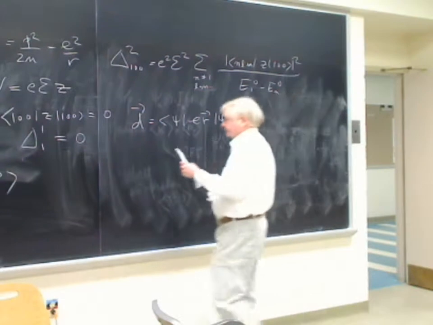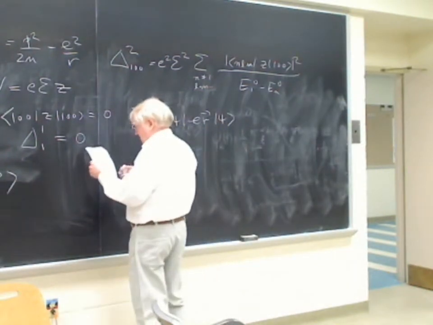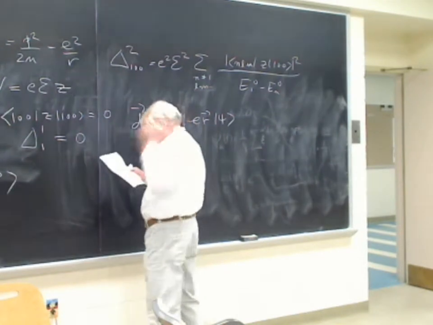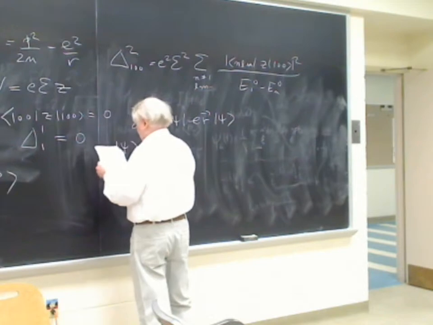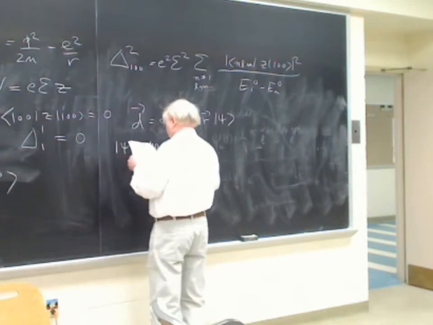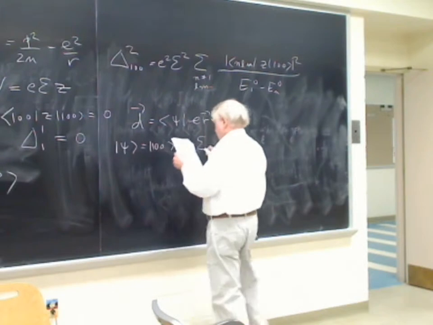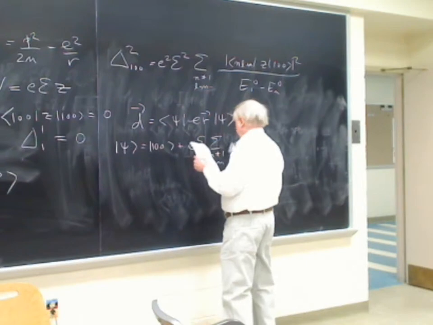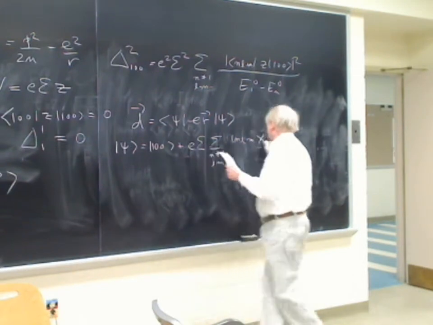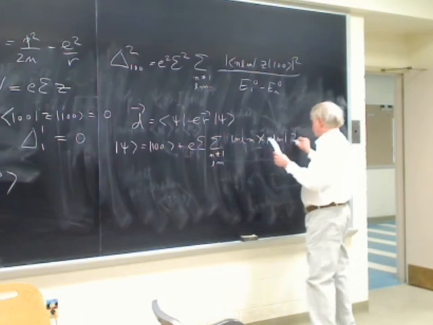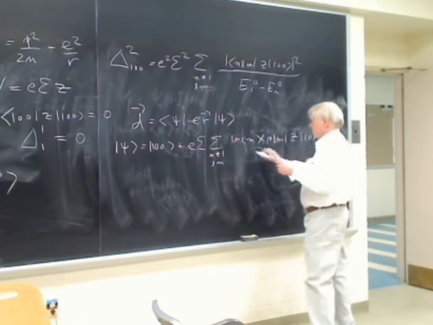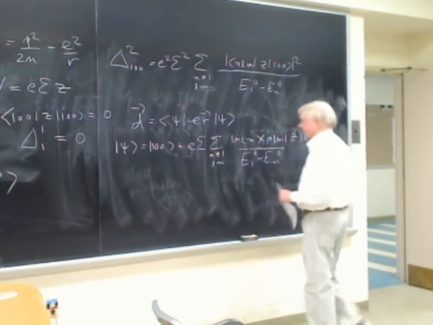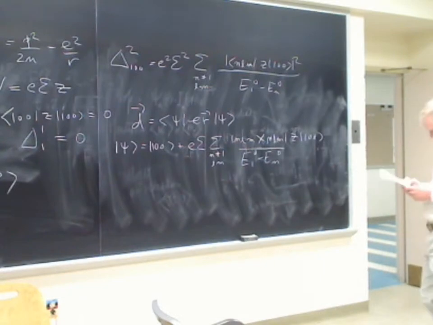And we've got our formula for psi, which will be 1, 0, 0 plus e E times the sum over n not equal to 1, all L and M, of NLM times the matrix element of Z between NLM and 1, 0, 0, divided by E10 minus En0. And of course, En0 is a very simple form.